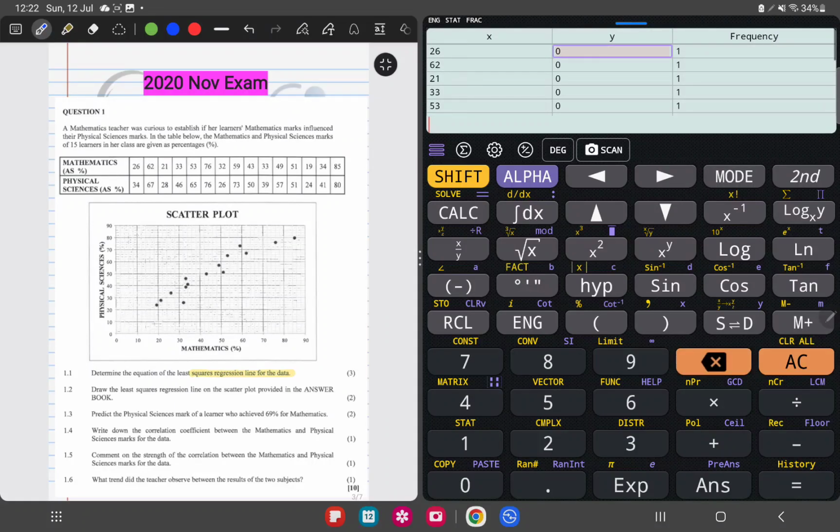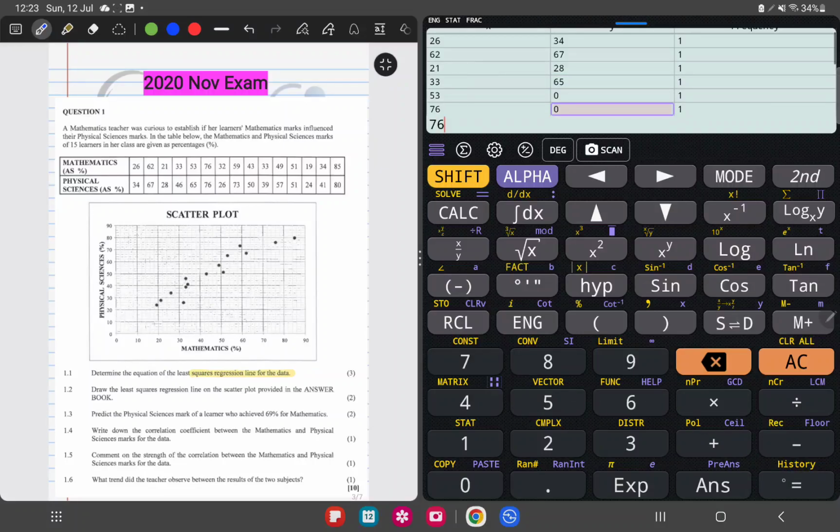Then we can put in the corresponding y values, which are the physical sciences marks, that is 34, then 67, 28, 65, 76, 26, 73, 50, 39, 57, 51, 24, then 41, and 80. Okay, that is what we now have.